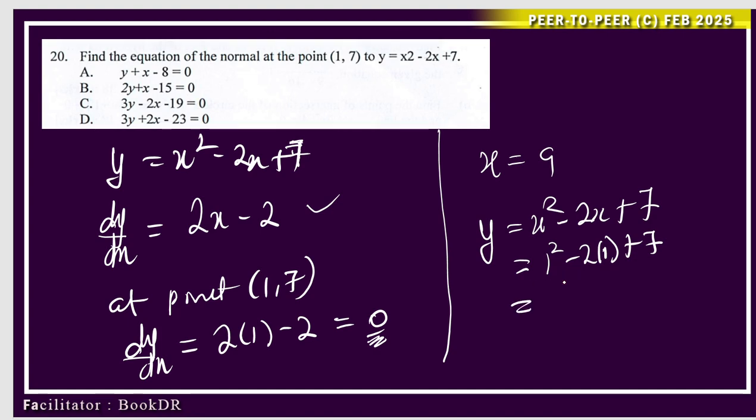This is going to give us negative 1 plus 7, which is negative 6. So there's either a problem with the equation or the point provided is not correct, because the point is not on the line. It doesn't satisfy the equation of the line.